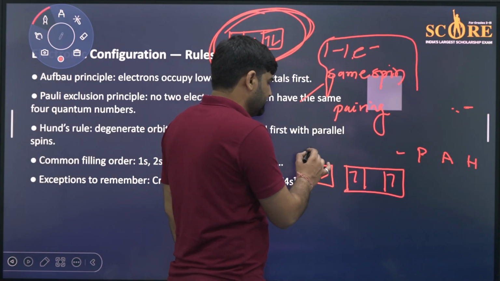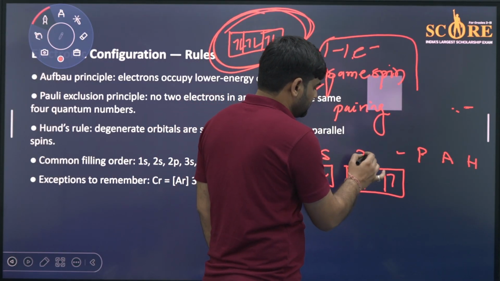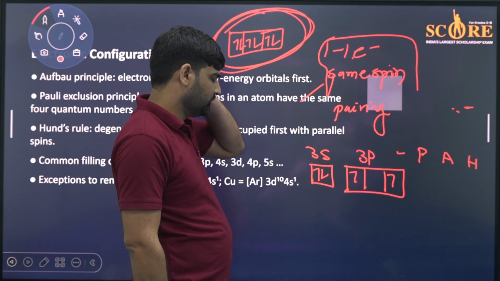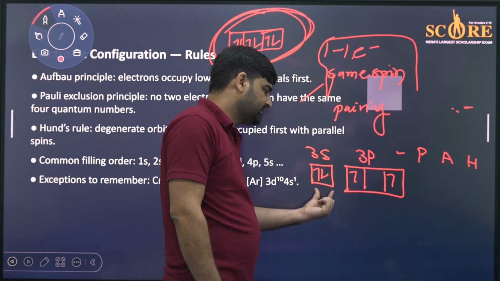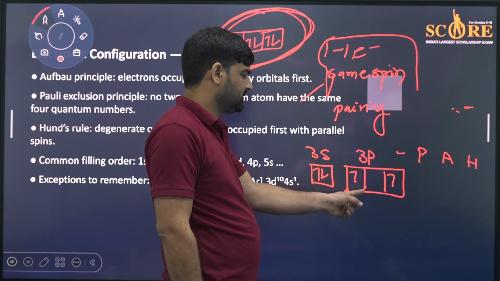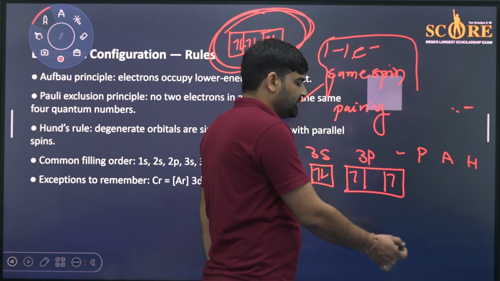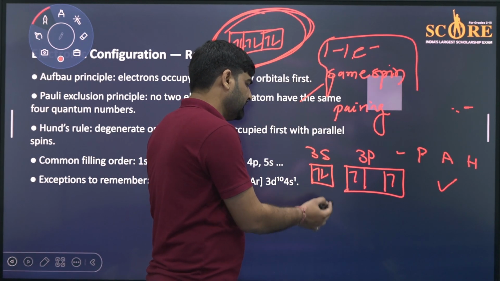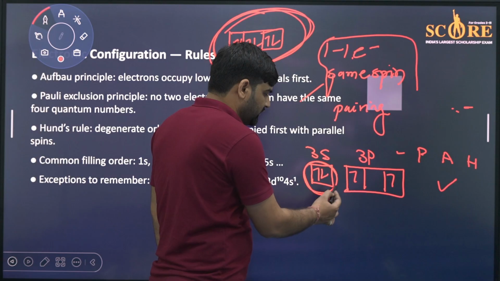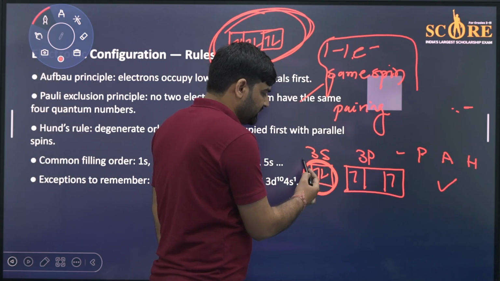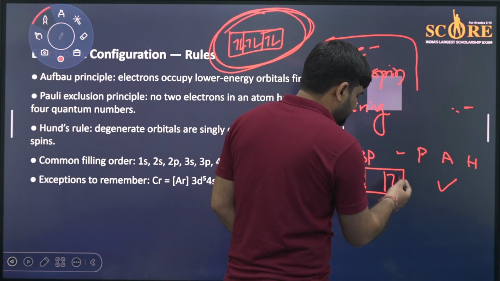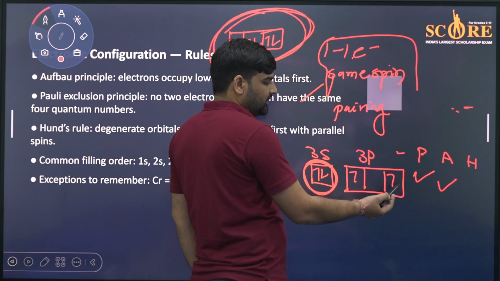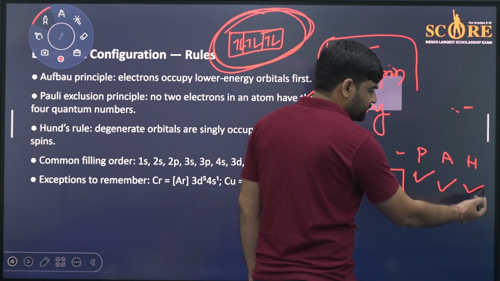I assume this is 3s, this is 3p. First of all this is completed, after that this is filled up. So the Aufbau principle is followed. The Pauli principle is for one orbital. It tells that only 2 electrons are filled with opposite spin. Hund's principle says that one electron with same spin, there is no issue.